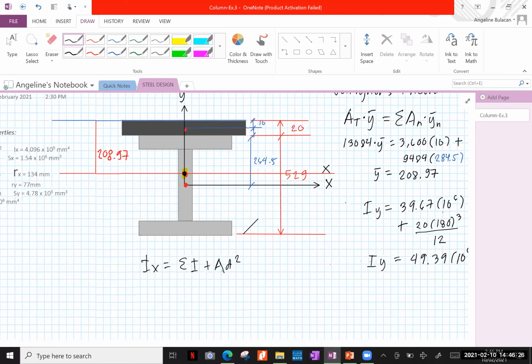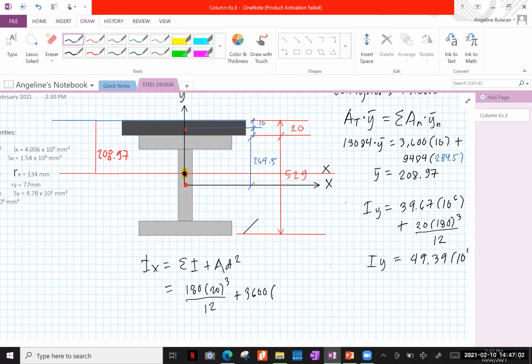So, isa-isahin natin. Simulan natin sa plate. Kung ito ang plate, BH cube over 12. So, ang base mo na is 180, then ang height mo is 20. BH cube over 12, plus the area, 180 times 20, is 3600. Now, ano ba yung D? Yung D is the distance of the original centroid to the new centroid.